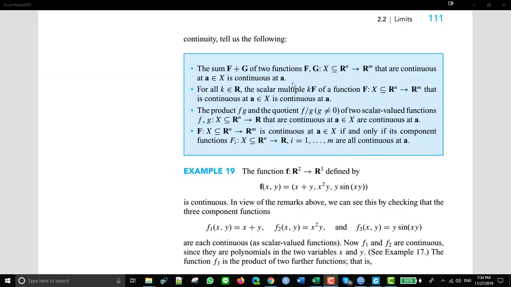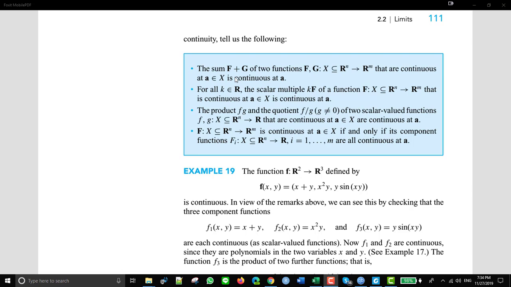Okay, now we had some properties for limits, and we have some similar properties for continuity. That's because we use the idea of limit in our definition of continuity, so it seems reasonable that we should see some properties of continuity that are similar in form to properties of limits.